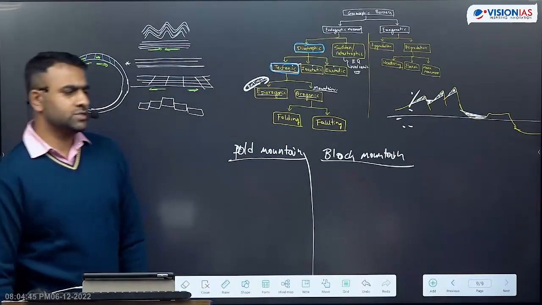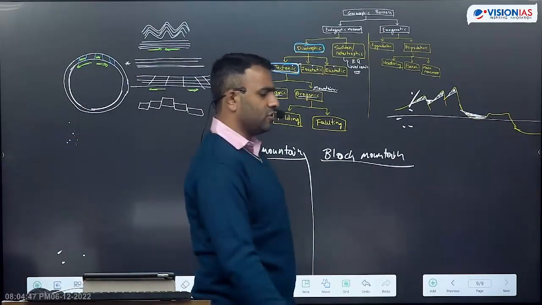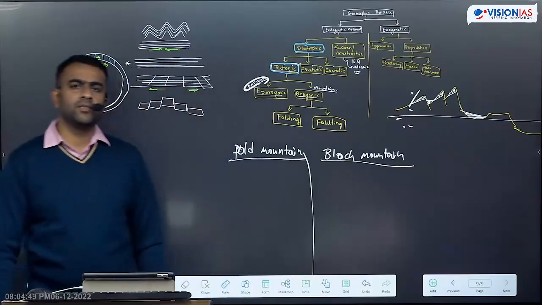Upward is always horst, downward is always graben, whether it is normal or reverse. Tell me, what are the differences?